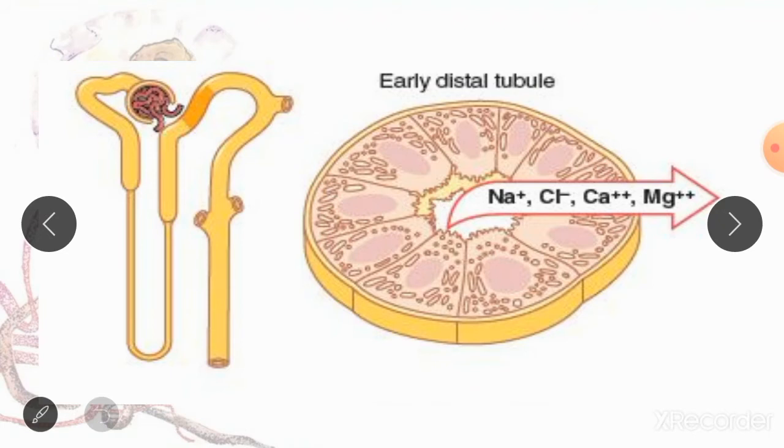You can see that the earlier portion of the distal convoluted tubule is in contact with the afferent and efferent arterioles, so it can prompt the secretion of renin through the JG cells of the arterioles. So this was just interesting information as a reminder that your macula densa cells, which are involved in the detection of sodium and which cause the secretion of renin from the JG cells, are present in the early part of your distal convoluted tubule.